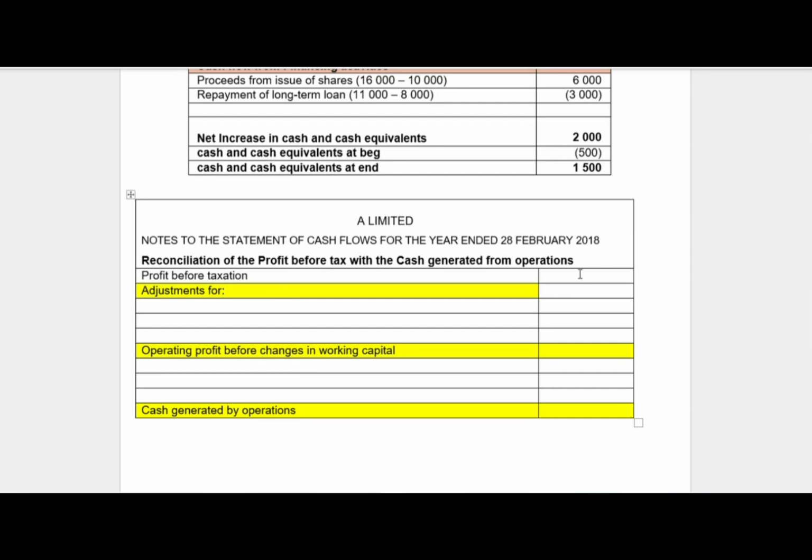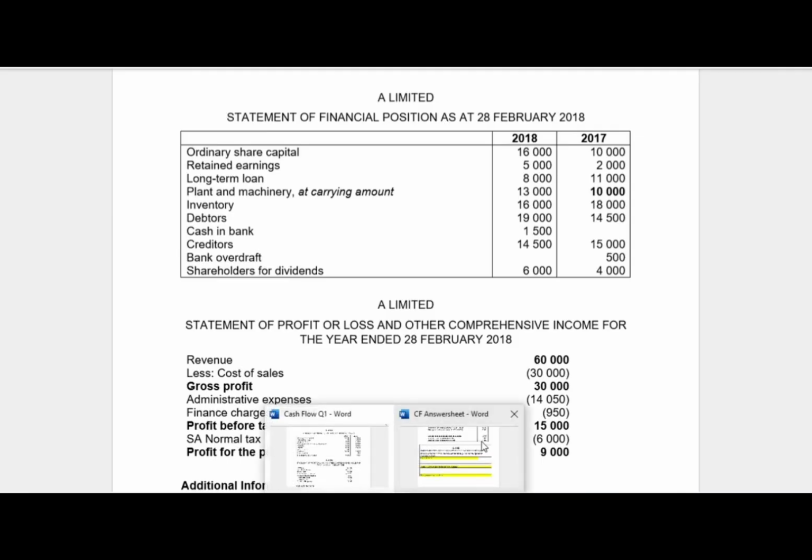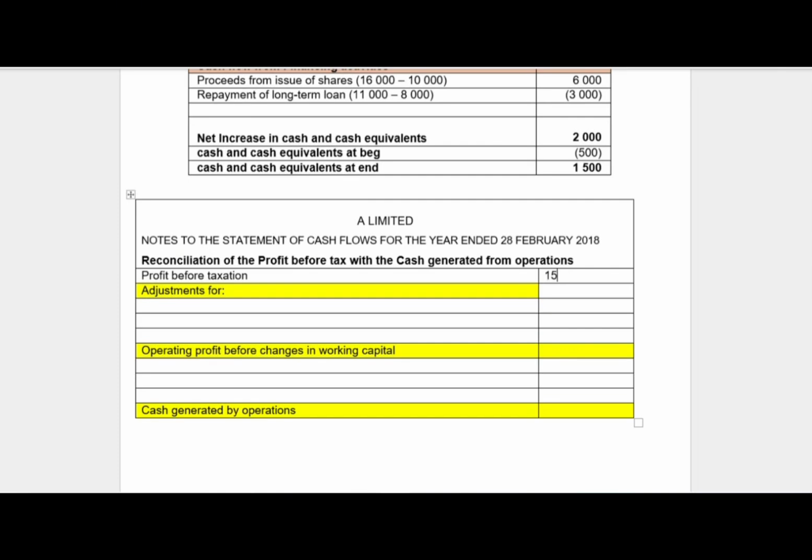Our profit before taxation. We're going to go to our additional information and check how much our profit before tax is. Our profit before tax right there is 15,000, right? So you take that 15,000, just copy and paste, because they requested us to prepare this note.